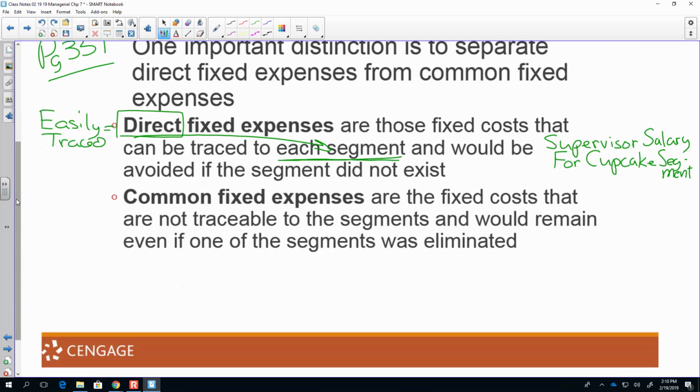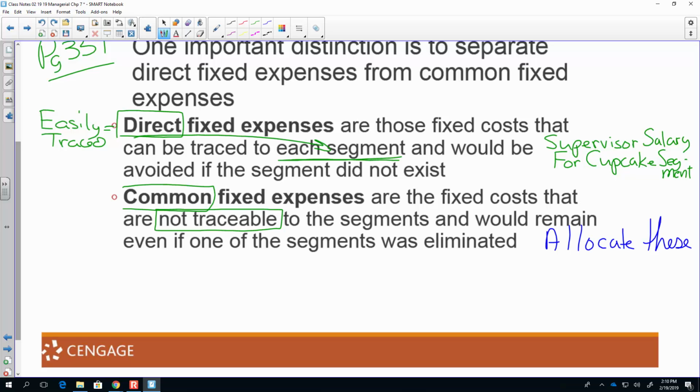Also, common is our second term. And the only difference, instead of easily, it's not easily traced to our cupcake segment. So in this case, if it's common, a lot of companies will allocate these.